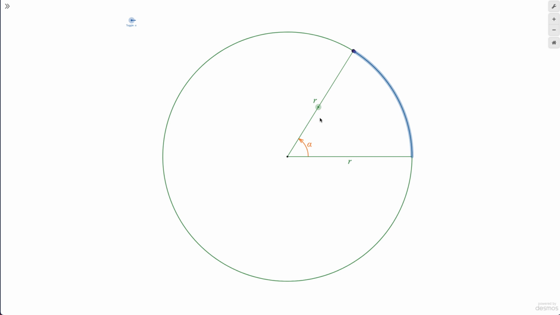Okay? And so one very convenient way of defining an angle measure is to look at the arc that is subtended by that angle and ask yourself how many radius lengths there are in this arc.